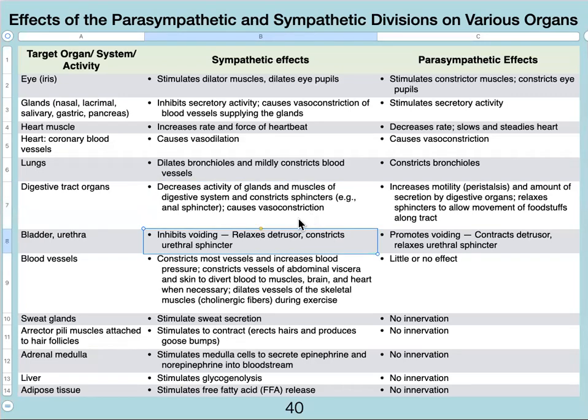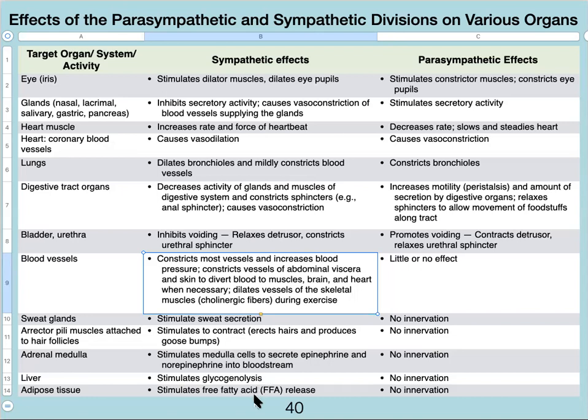And so sympathetic activity is going to inhibit digestive function as well as urinary function, whereas parasympathetic is going to increase the activity of digestive organs and urinary organs.